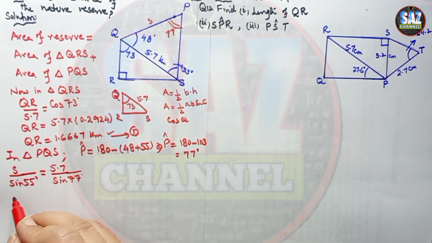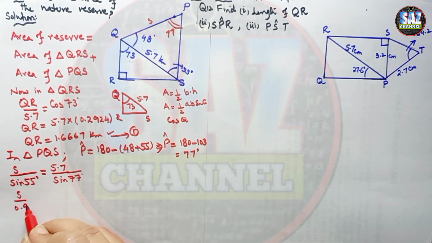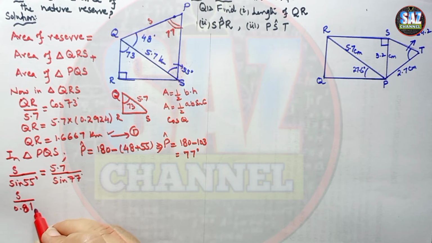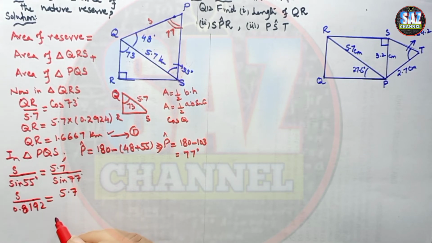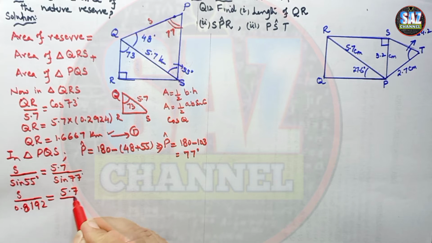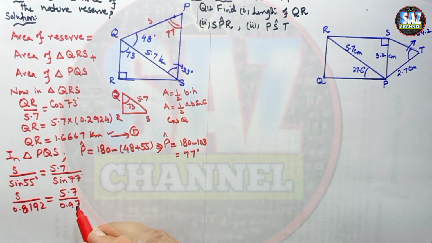And the equation will take the form: sine 55 is 0.8191, so s upon 0.8192 equals 5.7 upon sine 77, and sine 77 gives me 0.9743.